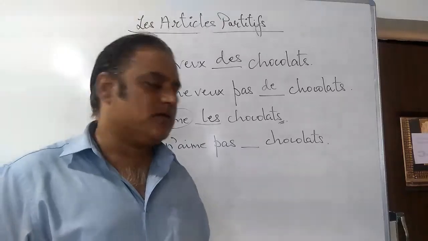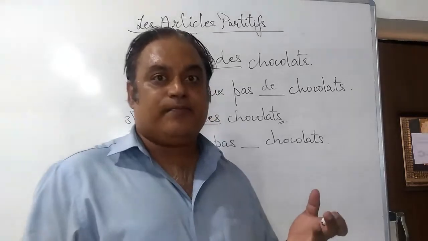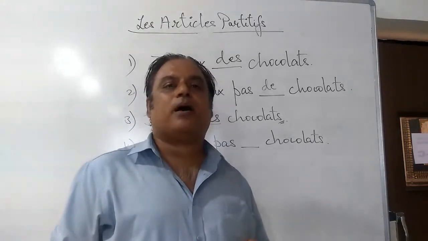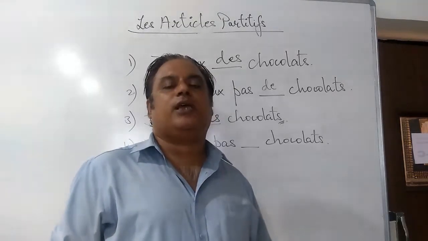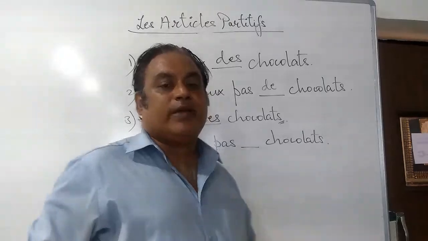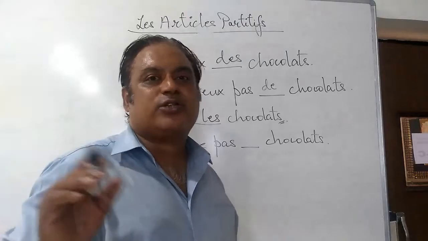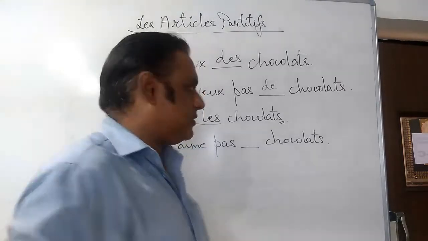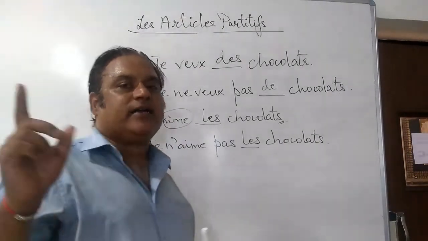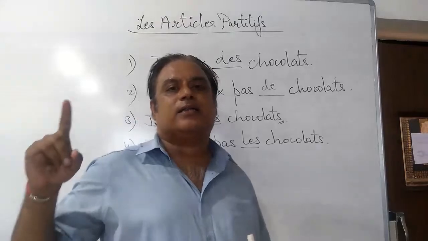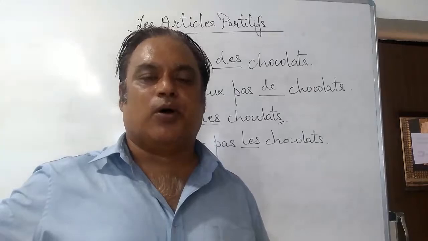Will les change to de? No. Le, la, les, or l apostrophe, these four of them are the definite articles, and definite articles never change in negative, because even after negation they come as they are. They do not change the essence of the sentence. So in negative, it would be the same. The definite articles do not change. The partitive articles and the indefinite articles change to de, or d apostrophe.